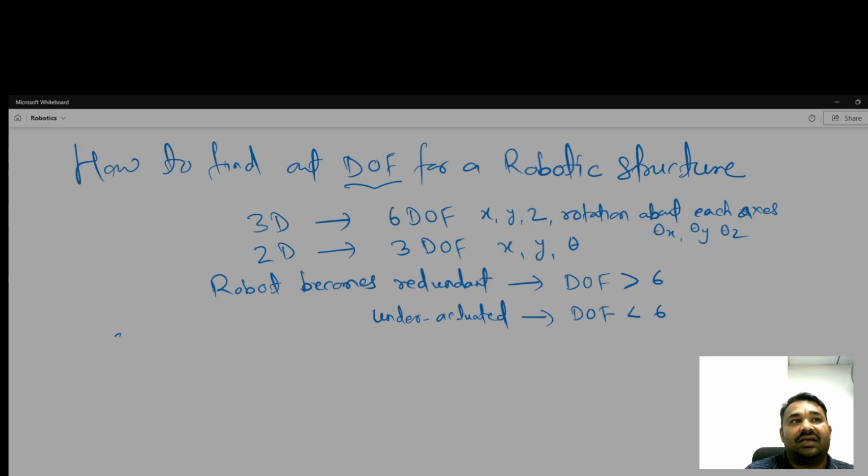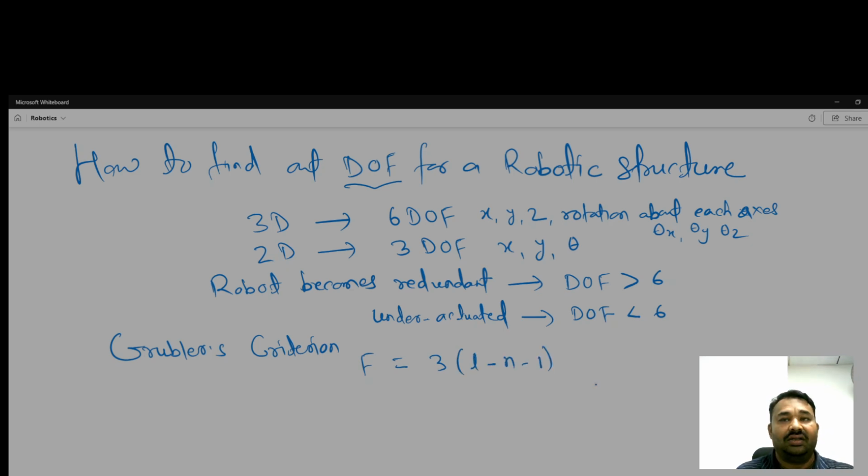There is Grubler's criteria to find the degrees of freedom, that is F = 3(L - n - 1) + summation of i = 1 to n of f_i.